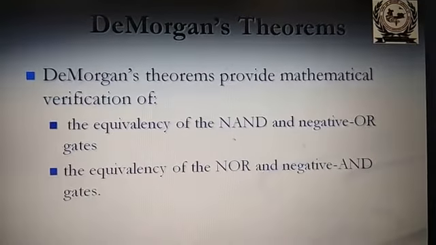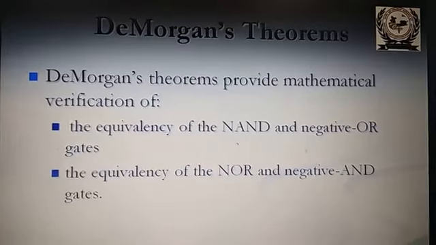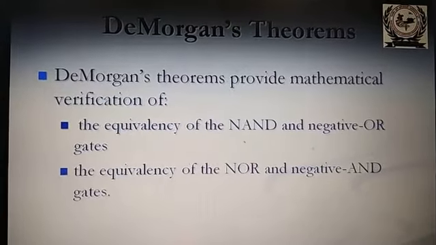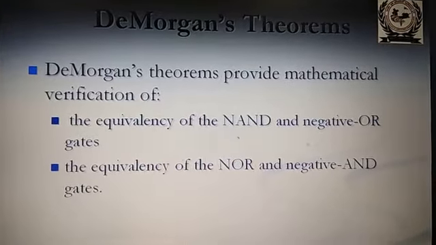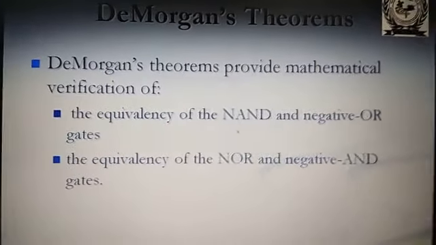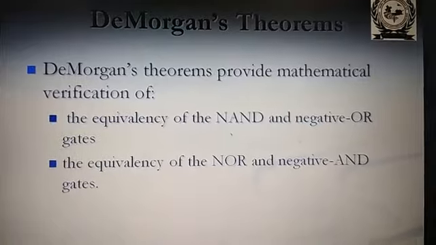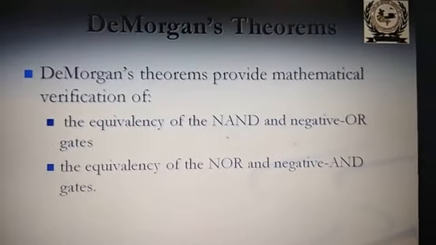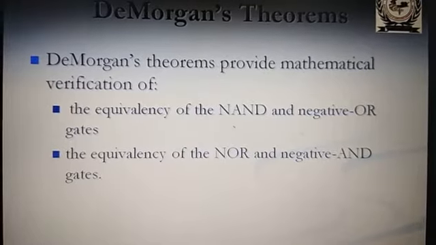This is also very important in digital electronics, which is also in your syllabus. De Morgan's theorem provides mathematical verification of the equivalency of the NAND and negative OR gates and the equivalency of the NOR and negative AND gates.